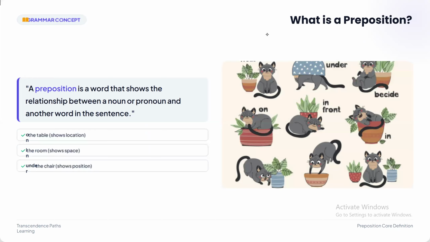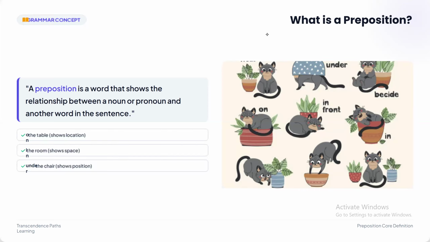So let's dive deeper. What is a preposition? A preposition is a word that shows the relationship between a noun or pronoun and another word in the sentence. Whenever we have a sentence, sometimes we can have the noun, pronoun, adjectives, other words.